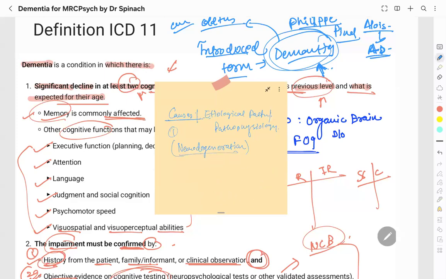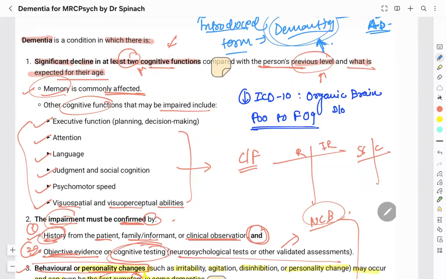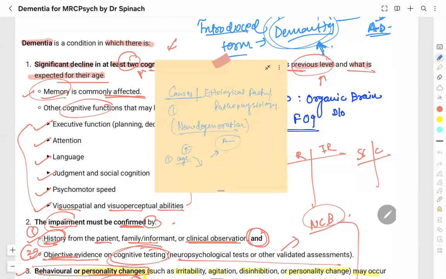So neurodegeneration happens because of the accumulation of these proteins, and these proteins accumulate because of a lot of factors. First is increasing age. There can be sporadic mutations in the genes, if you remember, ApoE4.